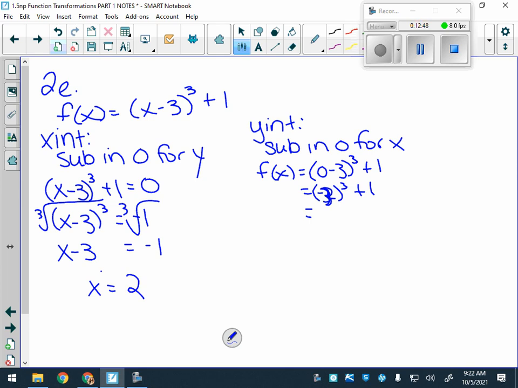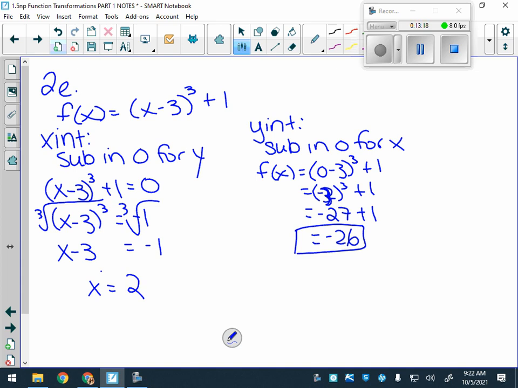Negative 3 cubed is what? Yep, negative 27, plus 1. So that is your y-intercept. Some of you who left it blank or said you couldn't see it, you still could find it algebraically.